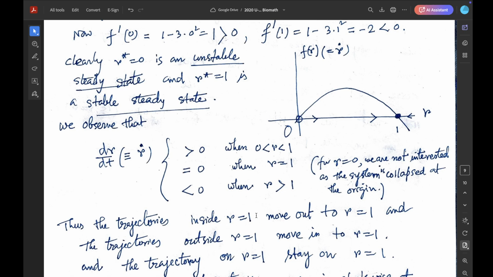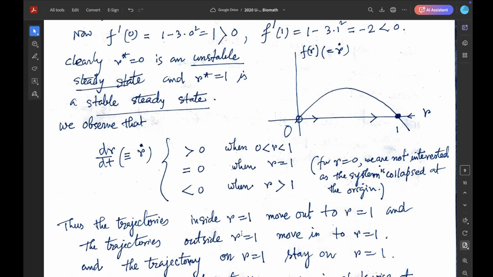r equal to 1 means the circle x square plus y square equal to 1. Trajectories move out to r equal to 1 from inside the circle, because inside the circle, 0 less than r less than 1, r dot is greater than 0, so this moves out to r equal to 1.